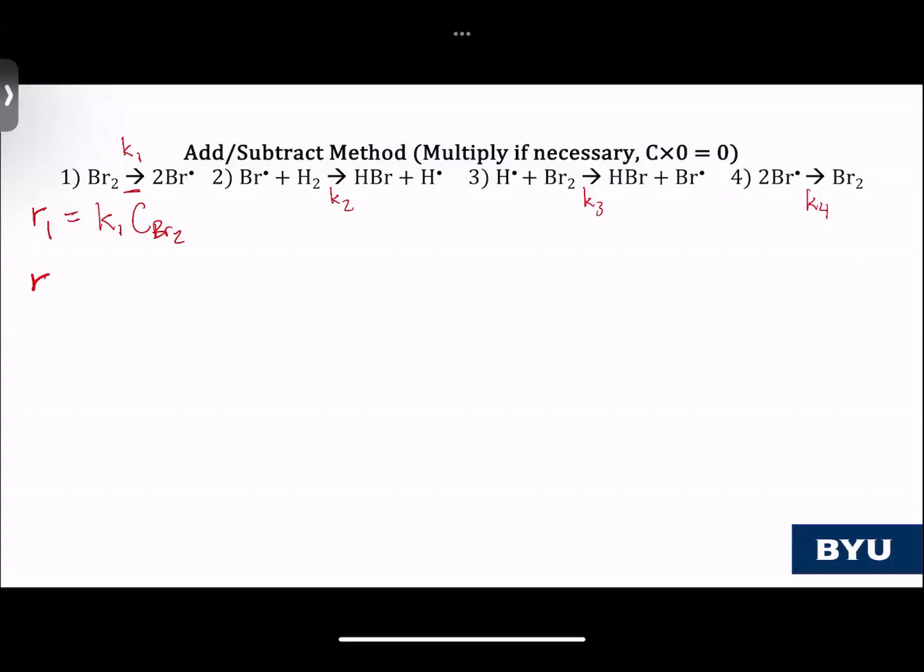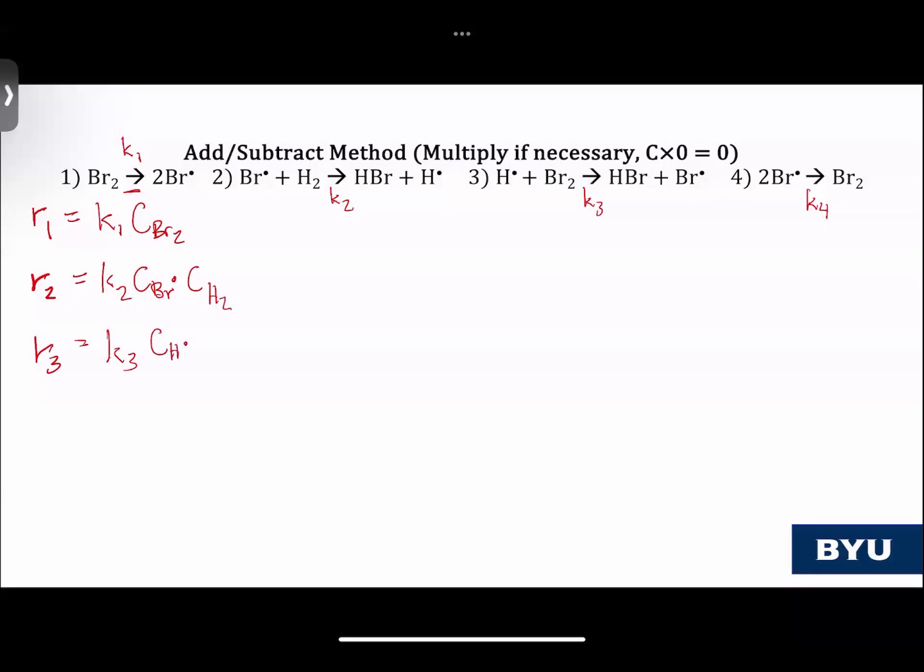Then R2 becomes K2 times the concentration of my bromine radical times the concentration of my hydrogen. R3 will be equal to K3 times the concentration of my hydrogen radical times the concentration of my bromine. And then R4 will be K4 times the concentration of my bromine radical squared.